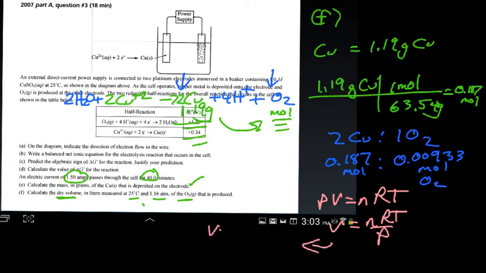So volume equals our n, which was 0.00933, times, oh, I wish I'd left more room. I'm going to erase it. Yeah, I need more room. So we're going to do volume equals 0.00933.